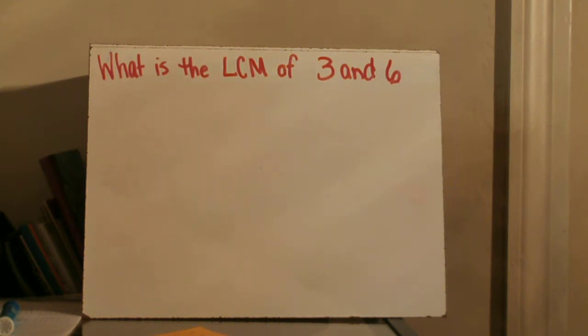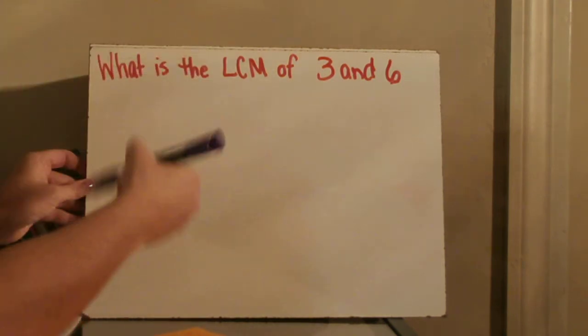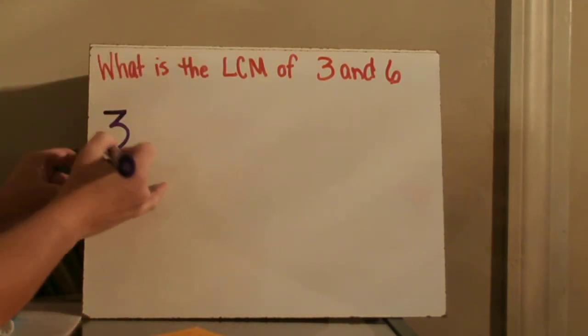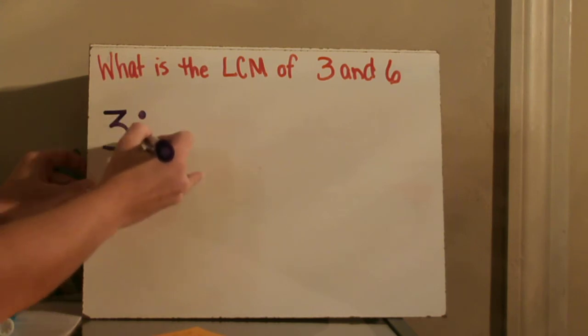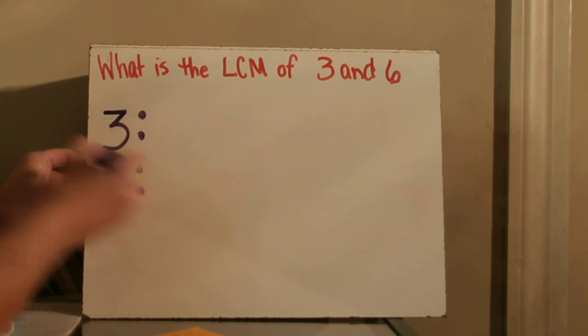Alright, the first question: what is the lowest common multiple of 3 and 6? The first thing you want to do is list 3 and 6. This is just letting you know which row is which.